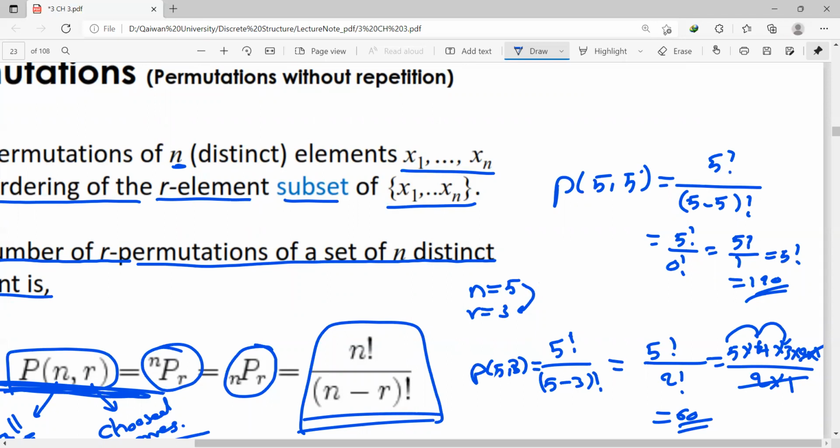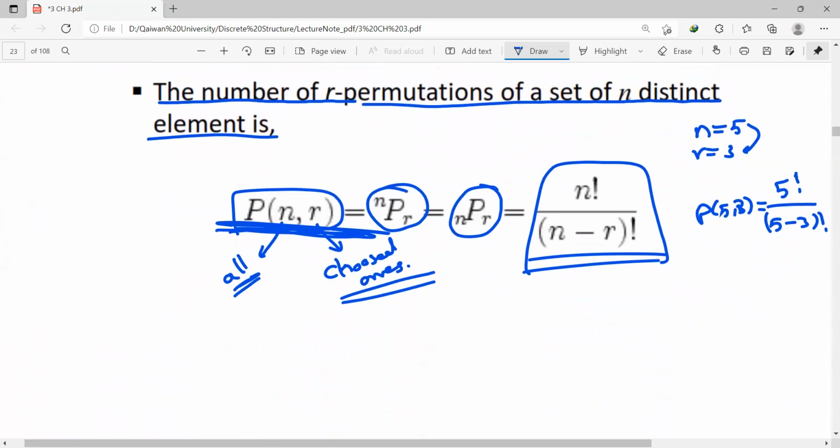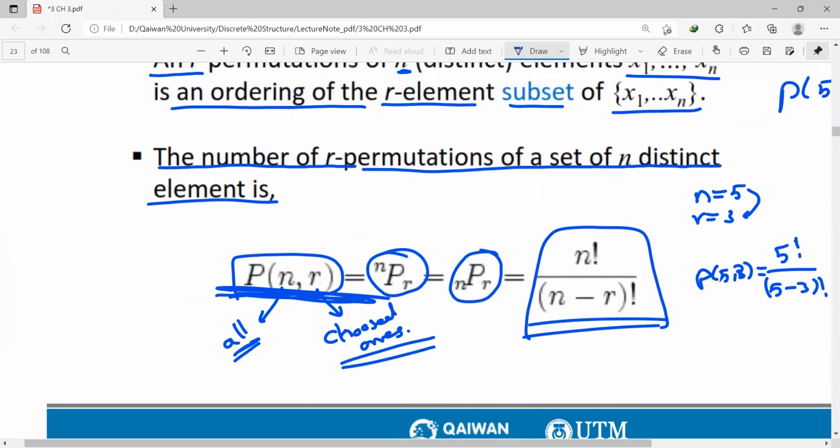So this is if r and n are equal. So r is always less than or equal to n. Here we have no such example, let's say, P of 3, 5.